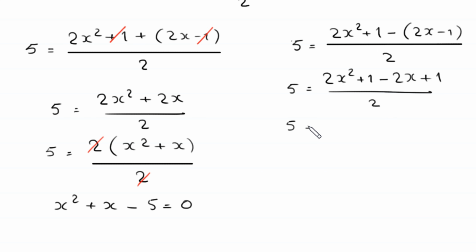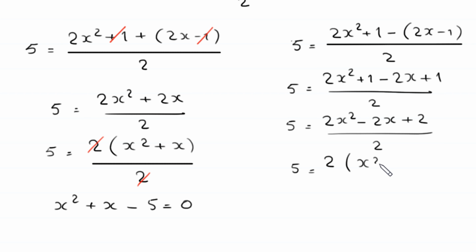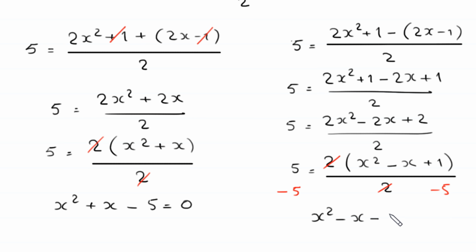Next, 5 is equal to 2x squared, this negative 2x, and 1 plus 1 will become plus 2, divided by 2, and 5 is equal to, from the numerator we can factor out 2 as common factor, and in bracket left x squared minus x plus 1 divided by 2, and this 2 will be cancelled out with this 2, and we subtract 5 from both sides, then this equation will become x squared minus x minus 4 is equal to 0.